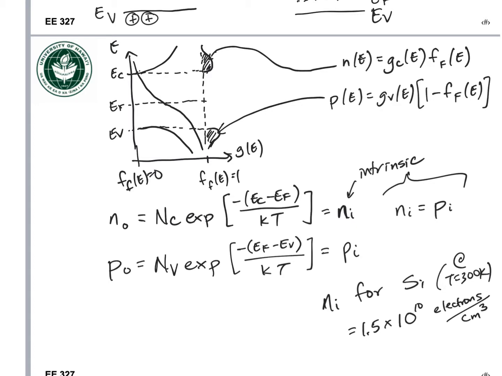Centimeter cubed, because we're talking about density, so we're talking about per unit volume, so it should be centimeters cubed. Usually in your book, we don't bother writing electrons or holes. You just write 1 over centimeter cubed.